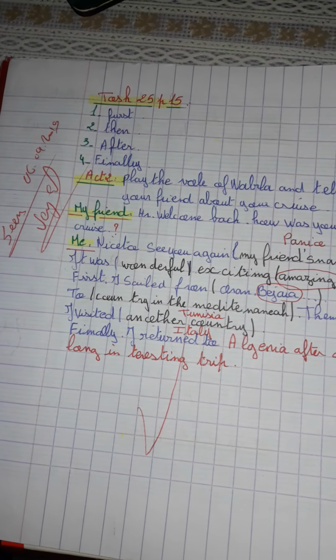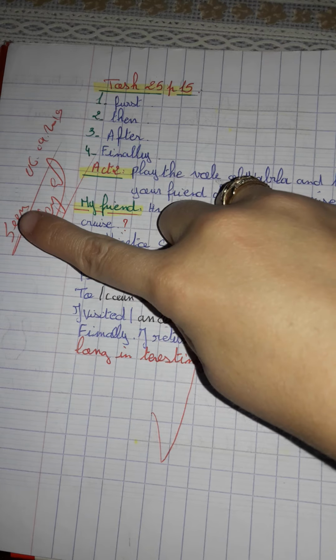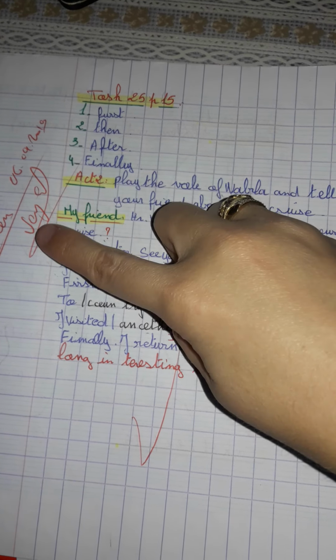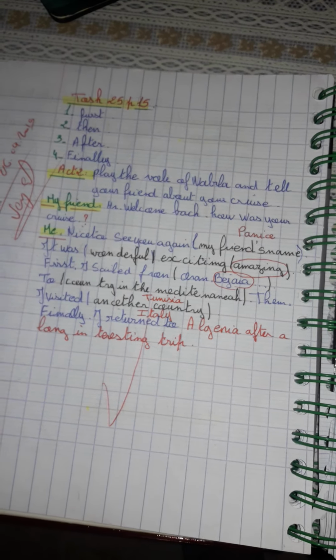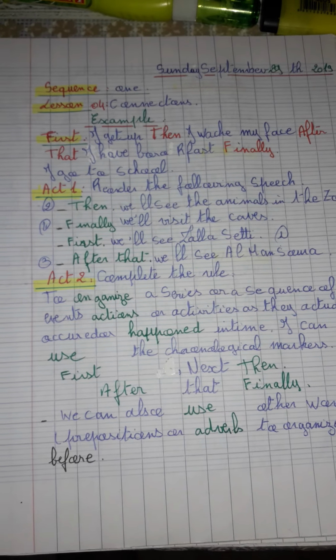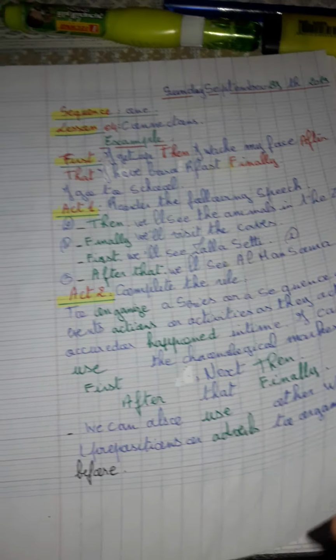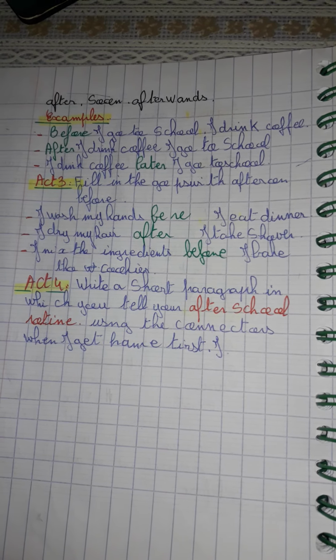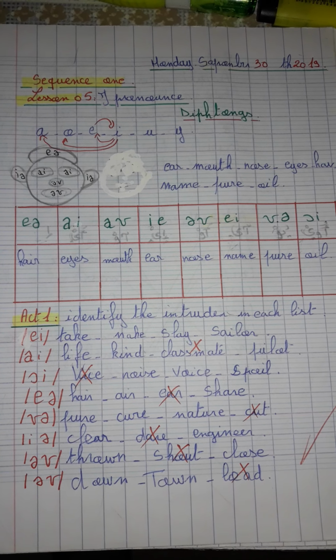Don't forget sometimes to correct your pupils' copybooks. So you write scene and the date and your remark, very good, good, or incomplete, and so on. After that, I moved to lesson 4, connectors. Then lesson 5, I pronounce diphthongs.